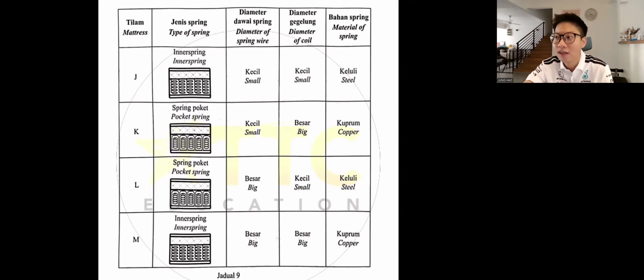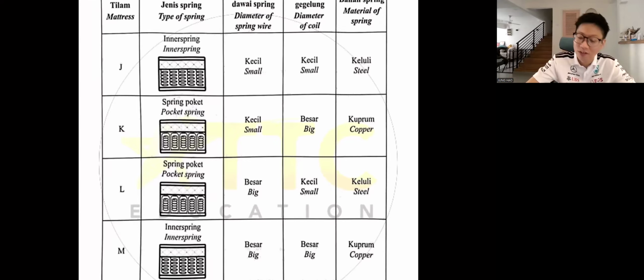Why? You're paying for the springs. And Hanisha, one of the tutors who teach you, sleeps on a 10,000 ringgit tilam. Obviously not me. I'm not gonna say who.